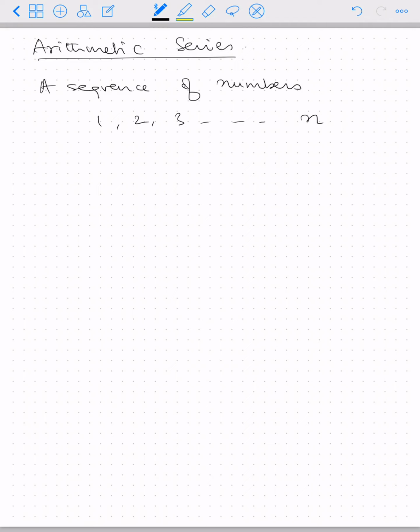We want to compute the sum of the series, and let's call that S of n, and so that is 1 plus 2 plus 3 all the way up till n.